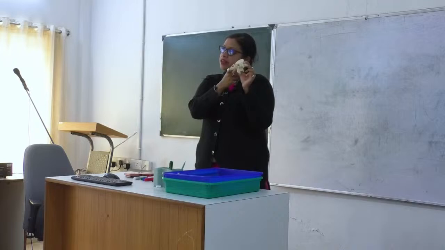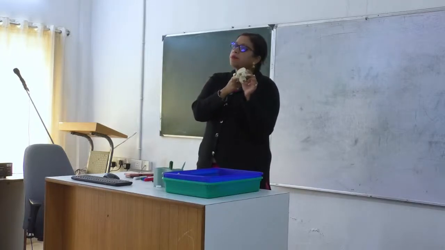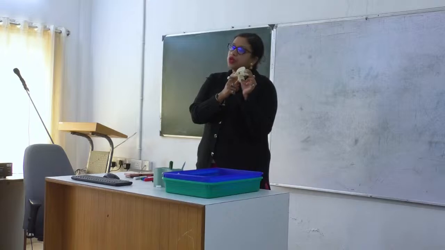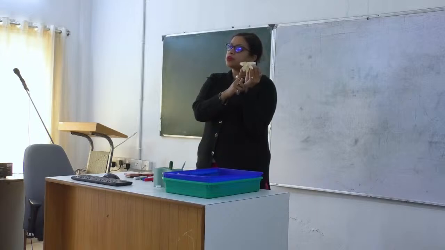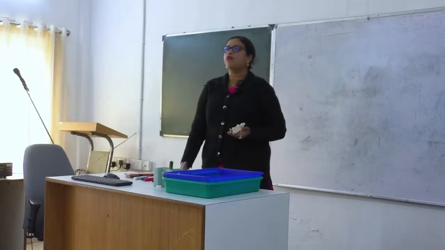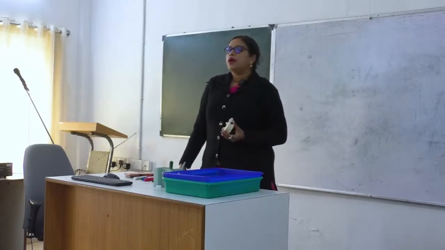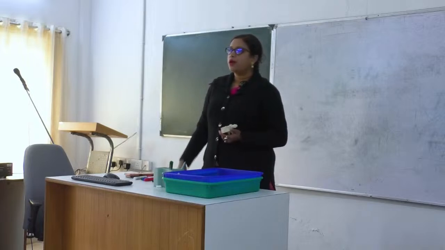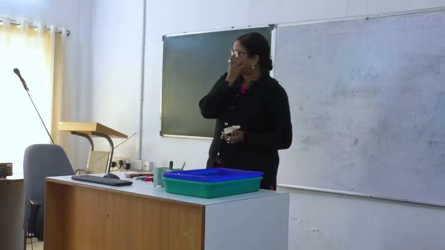First one is the pedicle. The pedicle connects the vertebral body with the neural arch. Which one is the lamina? This is the lamina. The lamina connects the spinous process with the transverse process. So write it down: the vertebral arch consists of pedicle and lamina.